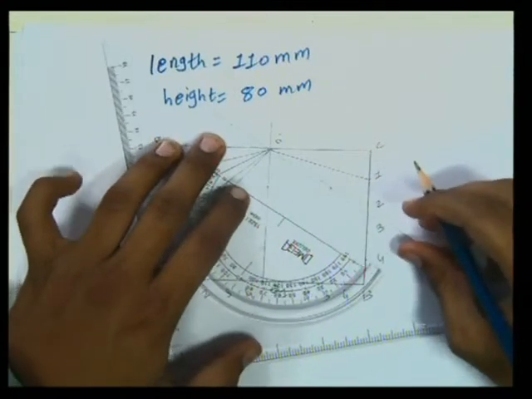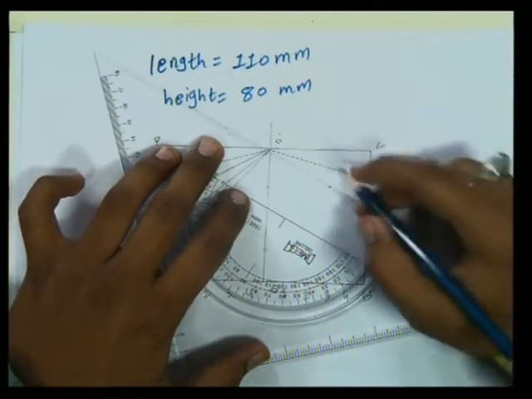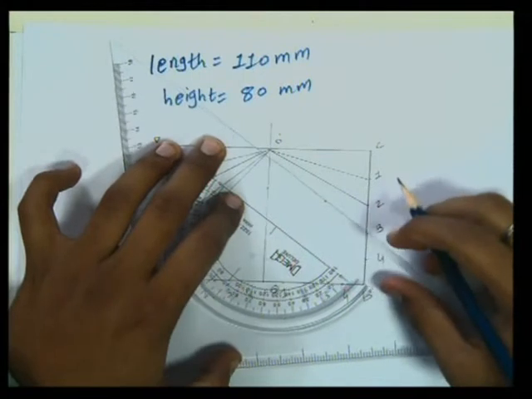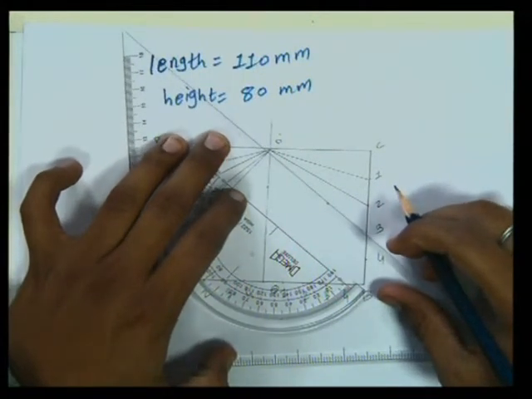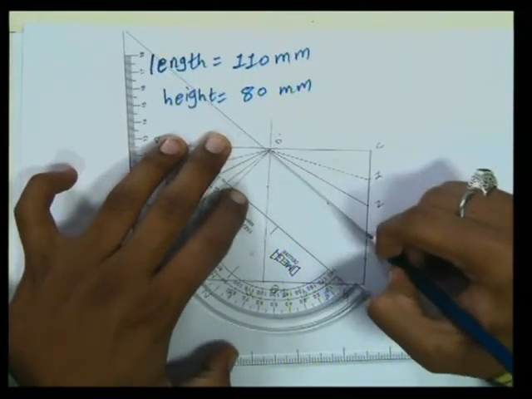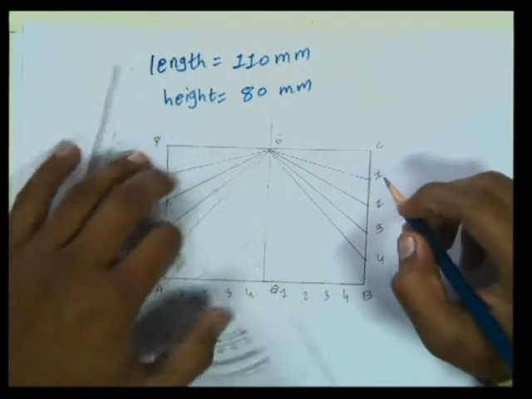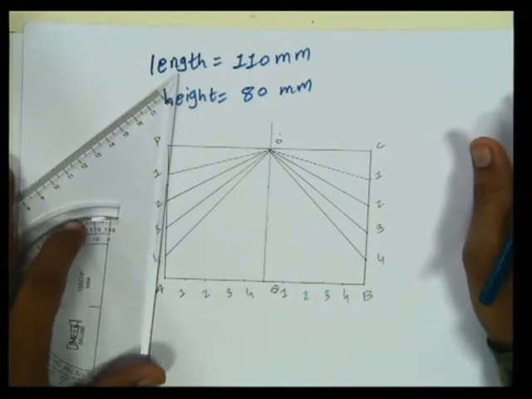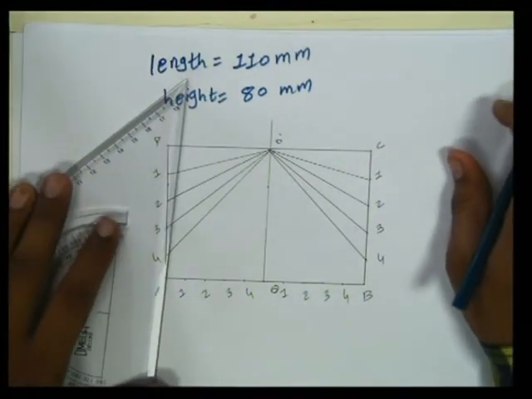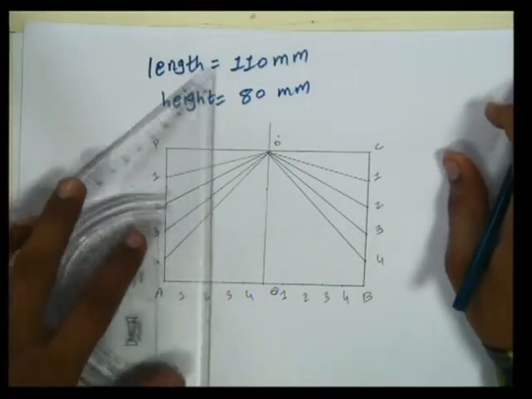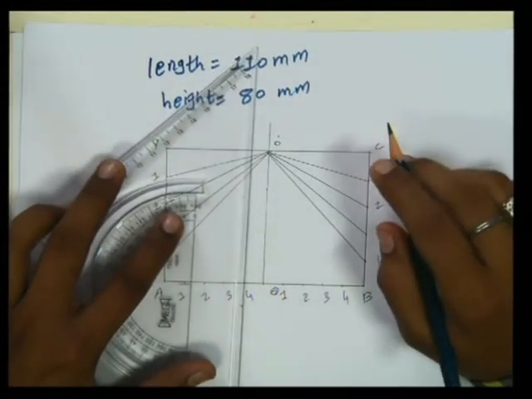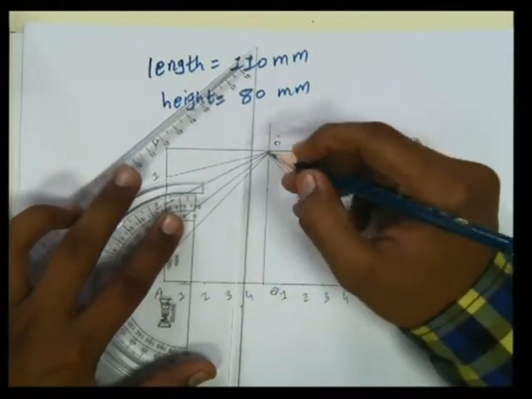O-1, O-2, 3 and 4. Now the basic difference between this oblong method and the rectangle method is only that here the projection would be perpendicular.